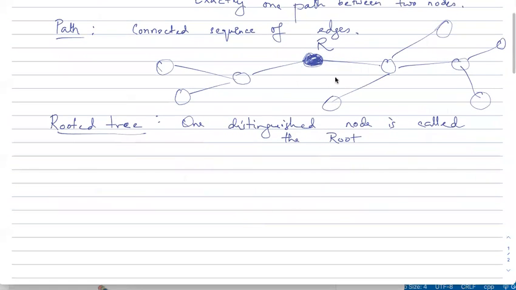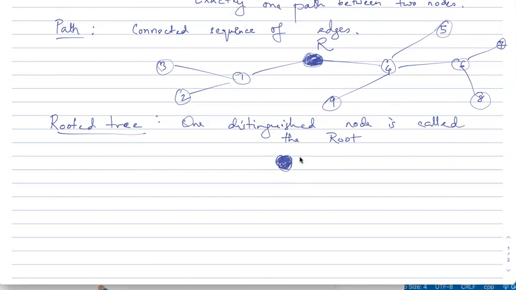Now typically nobody draws a tree like this. It's hard to see a tree like this, right? So let's number the nodes: 1, 2, 3, 4, 5, 6, 7, 8, 9. Trees are usually not drawn like this.